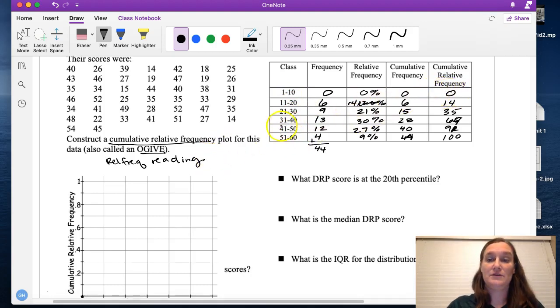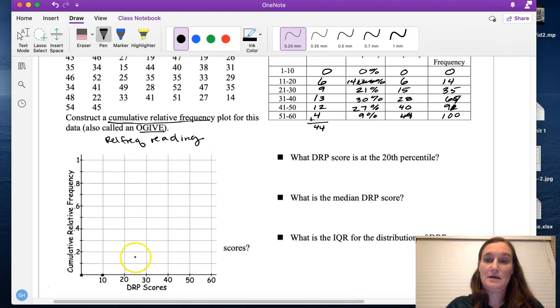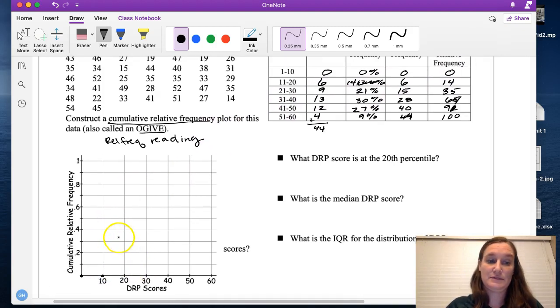And you're going to plot the cumulative relative frequencies. So 10 is 0. Then we have 20 is 14. And these are decimals, so we've got to do 0.14. So that's going to be in here. 35, so that is 0.35, so it's going to be in here. 65-ish, so that's going to be in here.